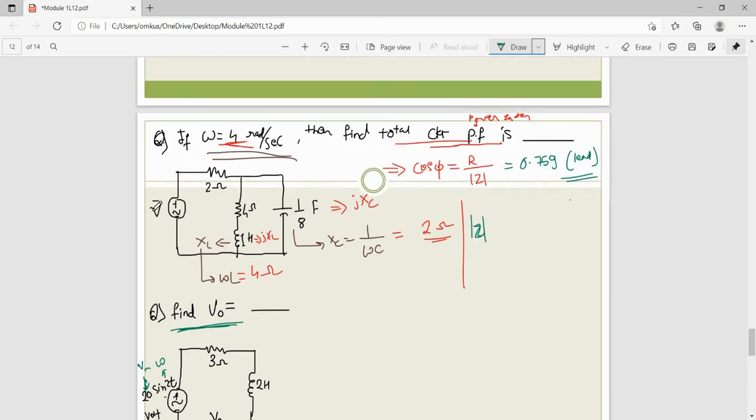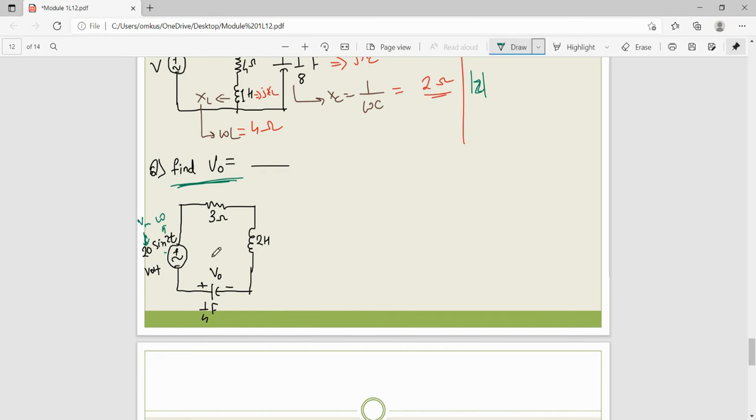One more thing, when any signal is given to you in this form, it depends on you. You can take the maximum value or you can directly take the rms value. For taking the rms value, you simply divide by root 2, right? V rms is equal to Vm by root 2.